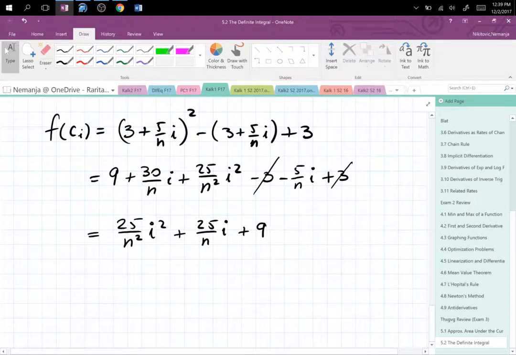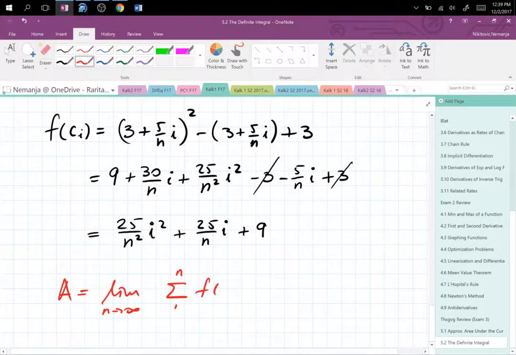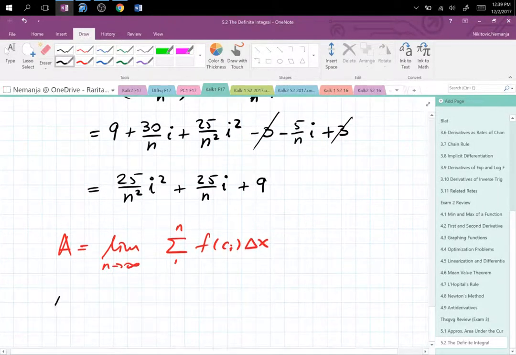I will write the Riemann formula again. Exact area is equal to the limit as n goes to infinity of the summation from 1 to n of f of ci times delta x. That's the formula. Plug everything in. A is equal to the limit as n goes to infinity, summation 1 to n.